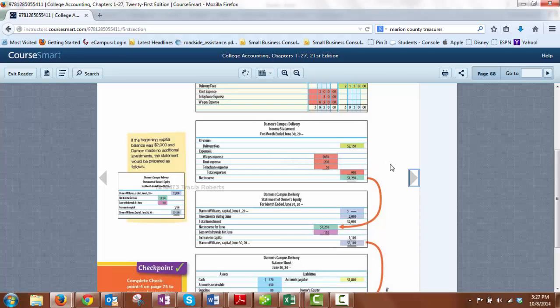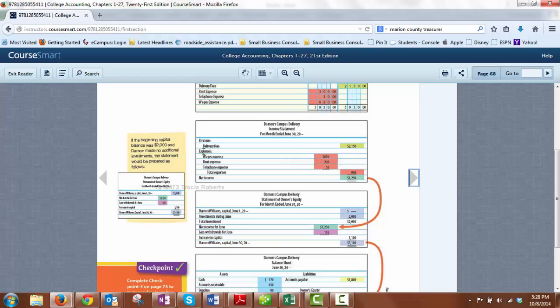You have 3 financial statements: income statement, statement of owner's equity, balance sheet. Here are some tips on these different financial statements. You have to complete the income statement before you can complete the statement of owner's equity. You must complete the statement of owner's equity before you can complete the balance sheet. The income statement will only have revenue and expenses.